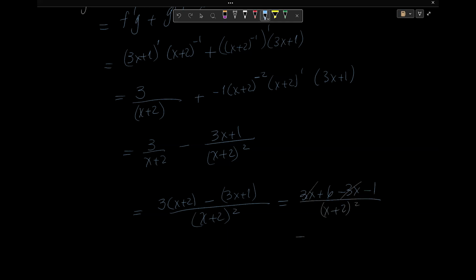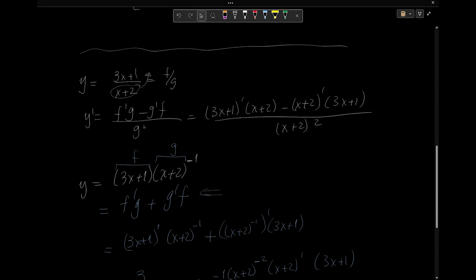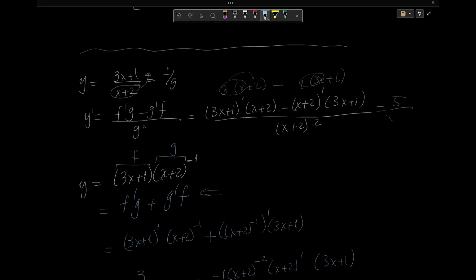These cancel. Gives me 5 over x plus 2 squared. If we do this real quick, the derivative of this is 3. Here's the x plus 2 minus the derivative of this is 1 times 3x plus 1. 3x minus 3x goes away. 6 minus 1 is 5. I get 5 over x plus 2 squared.